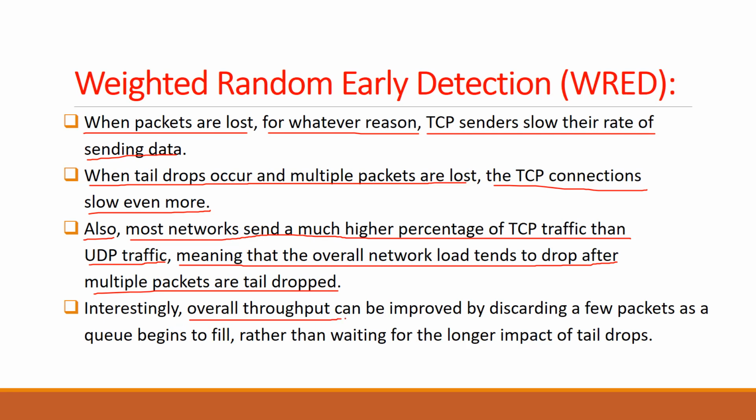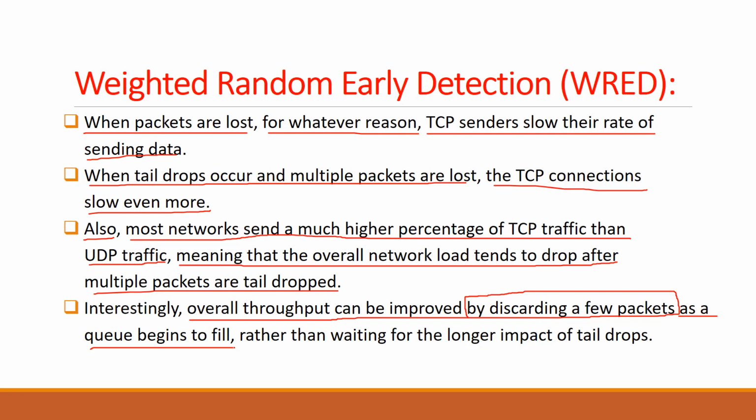The overall throughput can be improved by discarding a few packets as a queue begins to fill. So when you discard some packets when the queue starts to fill, this can help the network not to slow down, because if tail drop occurs, the network will slow down.